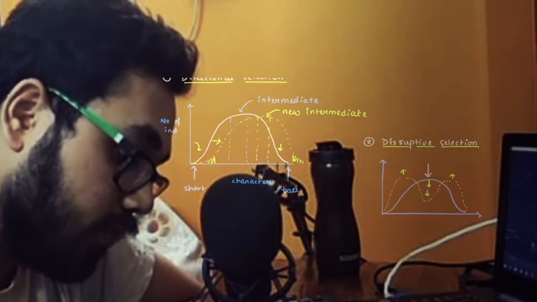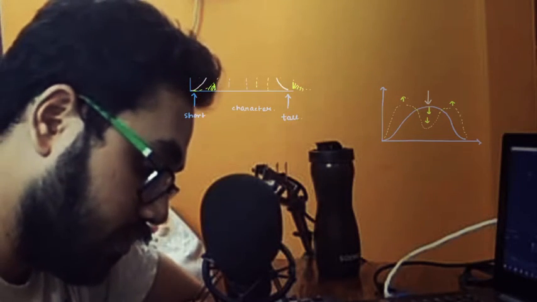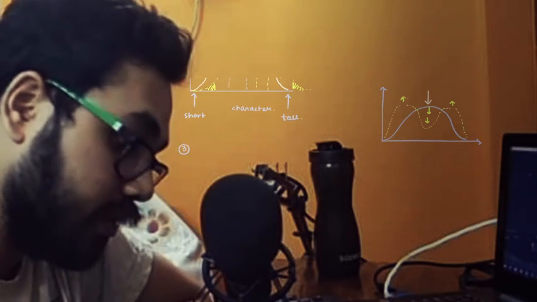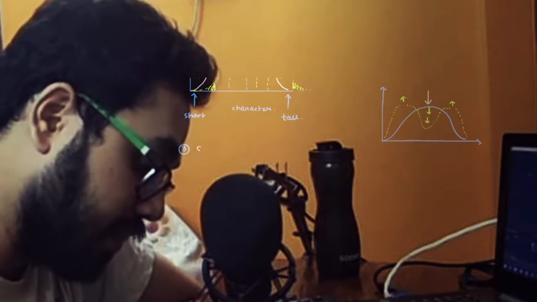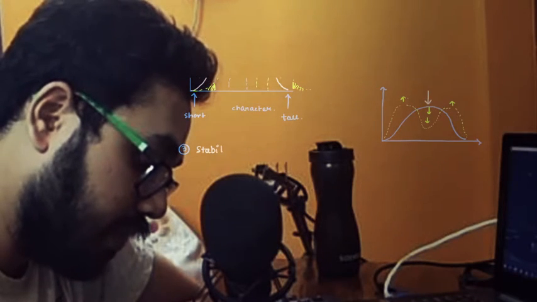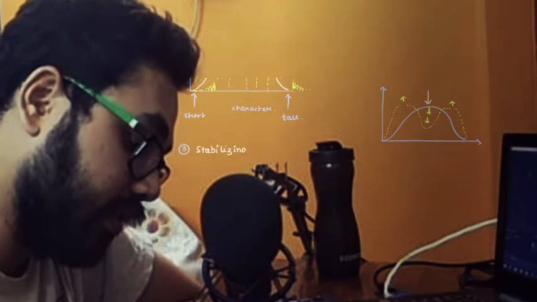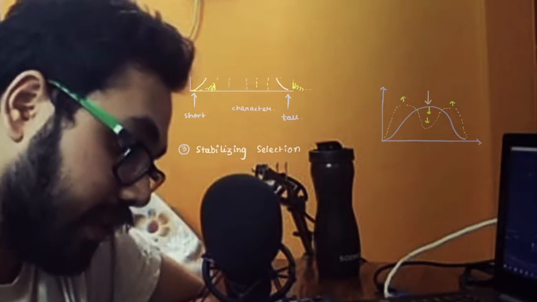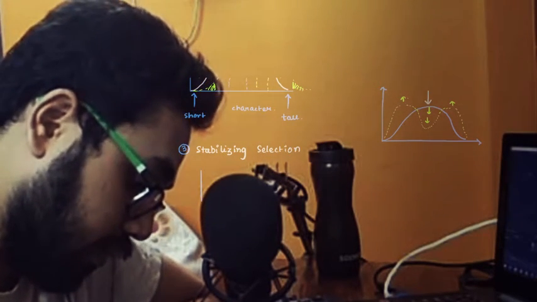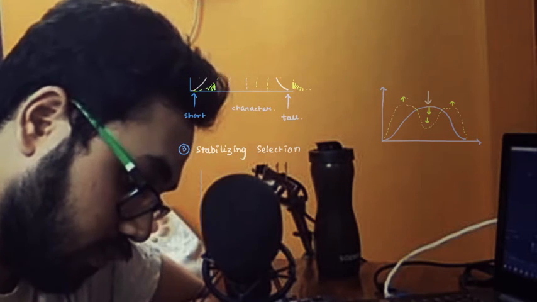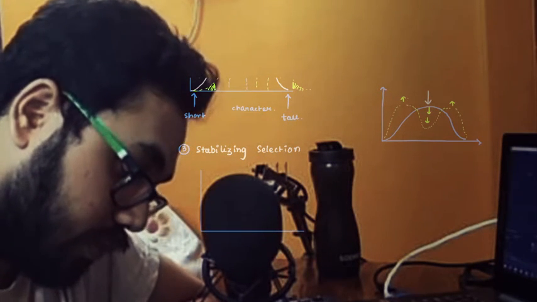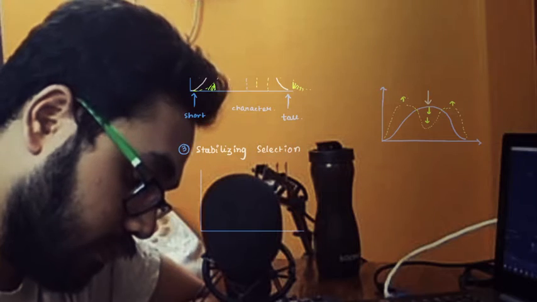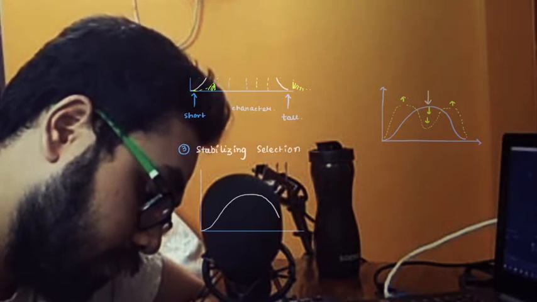Now, moving on to the third one, which is stabilizing selection. Now, in stabilizing selection, what happens? Let's draw the graph once more. This is the normal distribution.